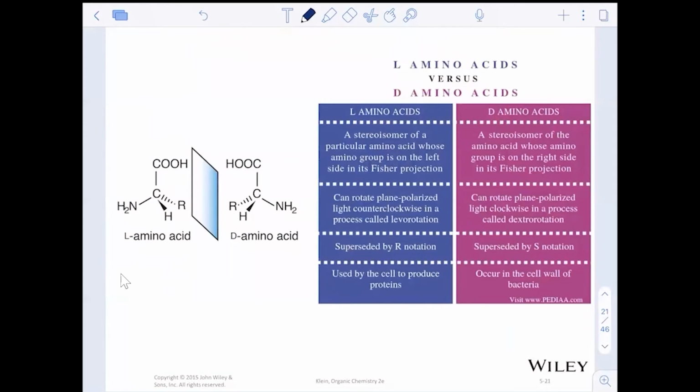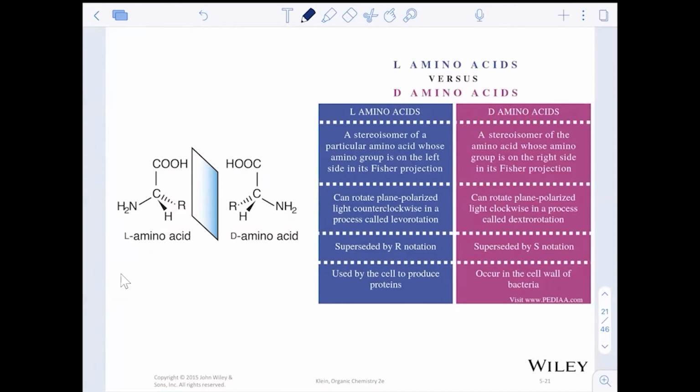Biggest one, we talked about this earlier, at least hinted to it, the idea of L versus D amino acids. L amino acids, which are the R notation, they are used by the cells to produce proteins. They are the amino acids that we actually can use, and therefore they can rotate plane polarized light in a counterclockwise rotation called levorotation.